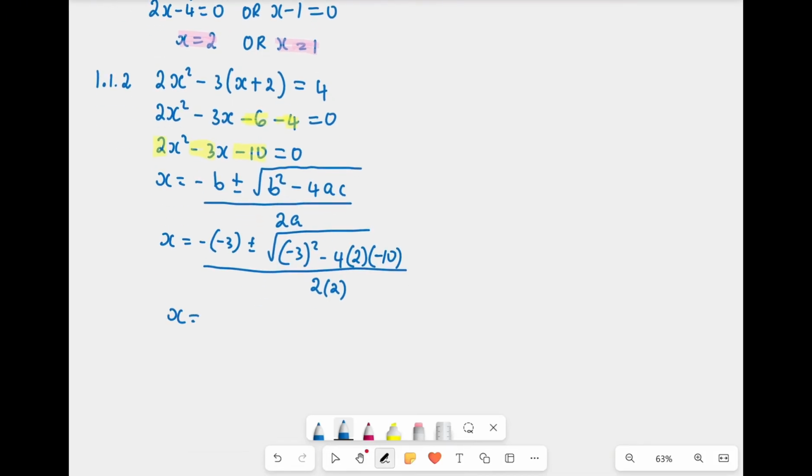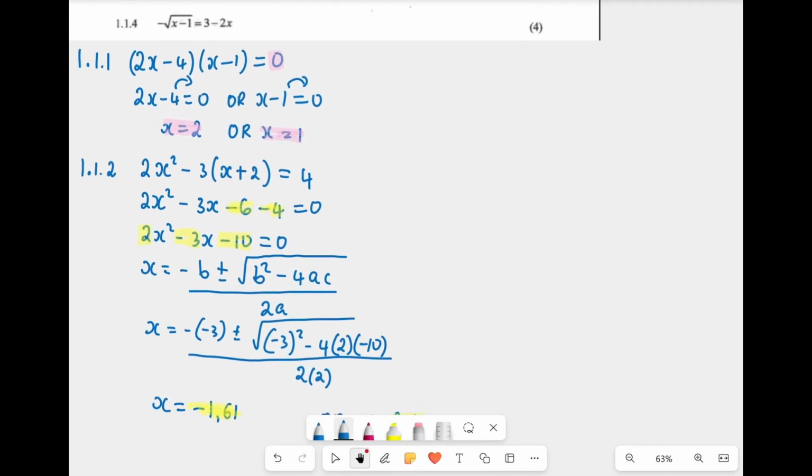So we are going to have x = ... or x = ... Now, if I use the negative sign, I am getting −1,61, and if I use the positive sign, I am getting 3,11. So these are my values of x.